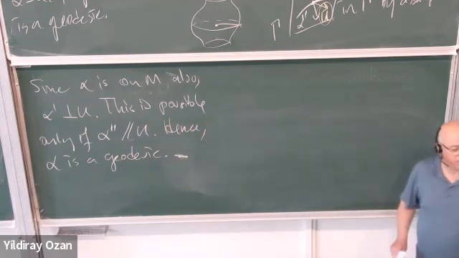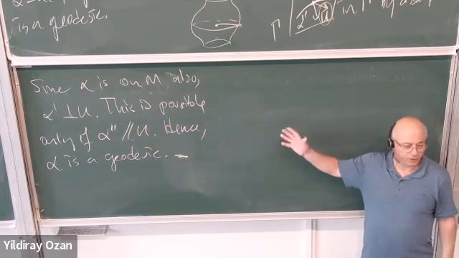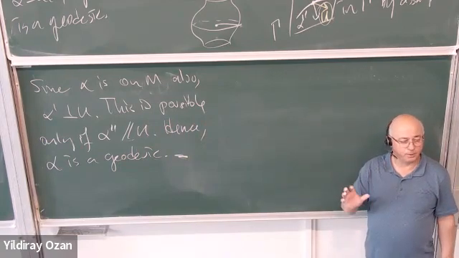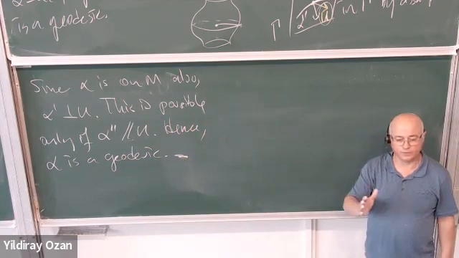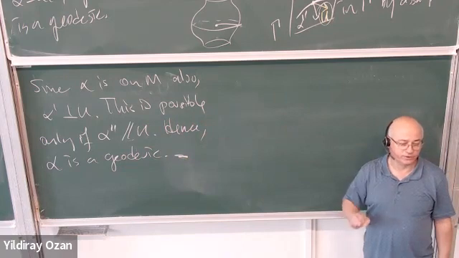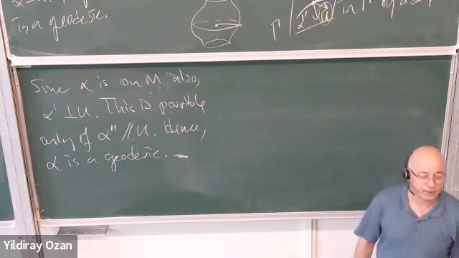This is a one-way theorem, right? It describes a family of geodesics. What are those? If you can find a plane which cuts your surface at right angle at all points of intersection, then the intersection curve has to be a geodesic.